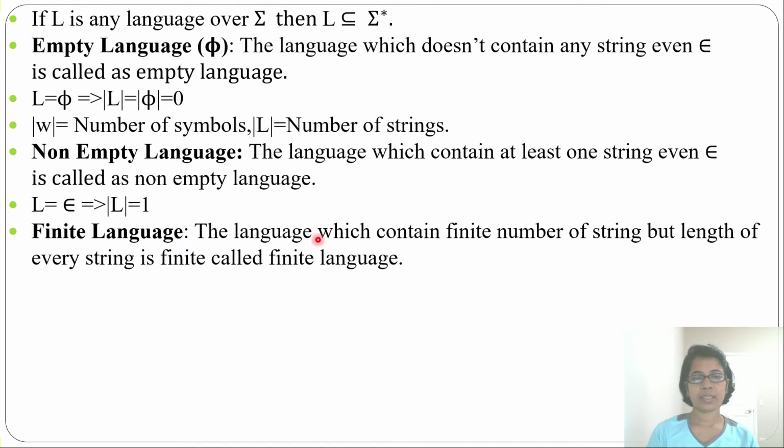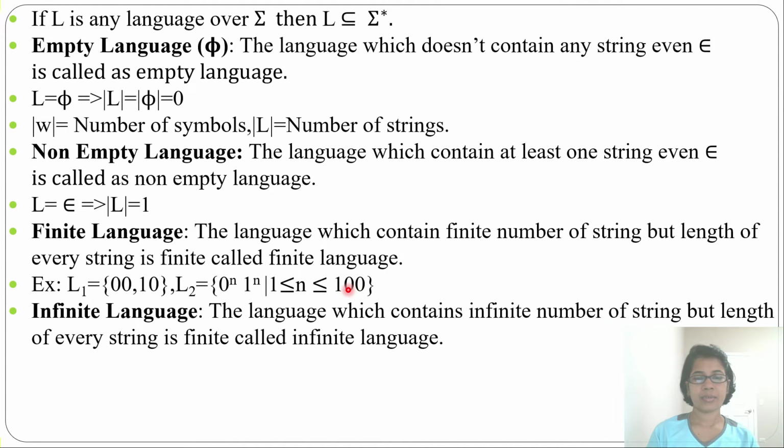A non-empty language is the language which contains at least one string, even epsilon. If L equals epsilon, then the size of L equals 1. A finite language is one which contains a finite number of strings, and the length of every string is also finite. This is a finite language because the maximum value of n is 100. An infinite language contains an infinite number of strings, though the length of every single string is finite.